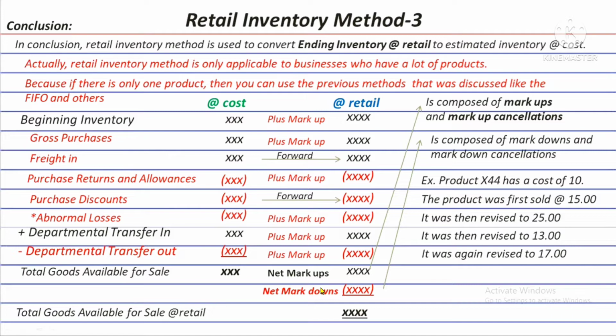Unfortunately, although we know that the net markups is just markup minus markup cancellations, and this markdown is just a summary of markdowns and markdown cancellations, we still don't know the concepts of these four. That is why we have this illustrative situation, right? So let's use this illustration to learn about the concepts of these four: the markup, markup cancellations, markdown, markdown cancellations, after this short intro.